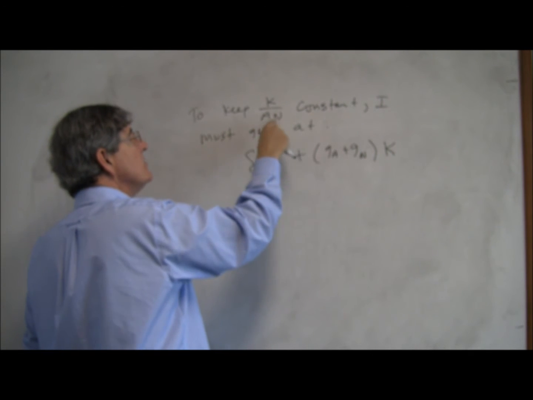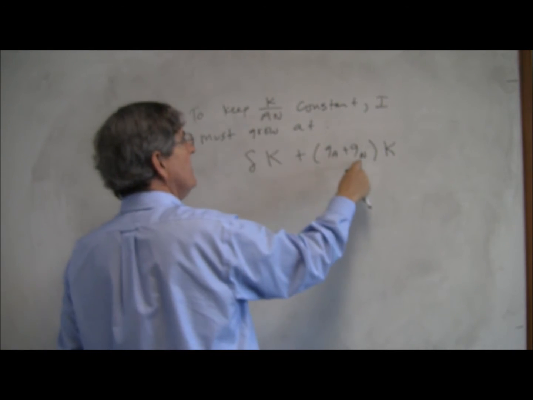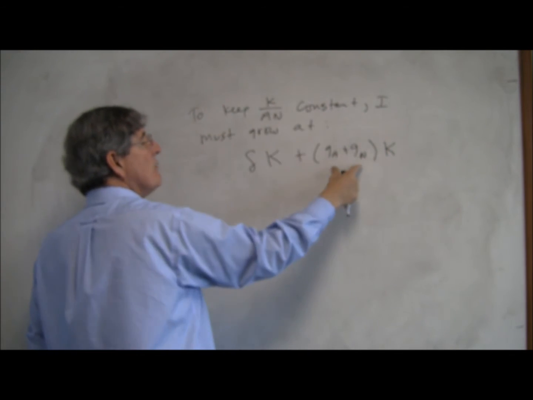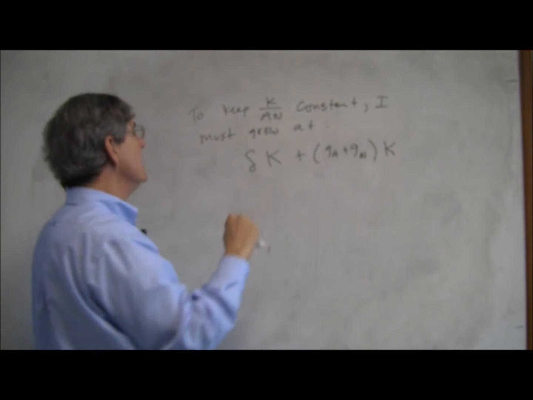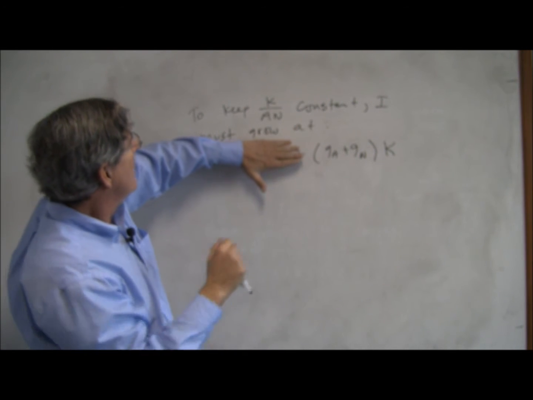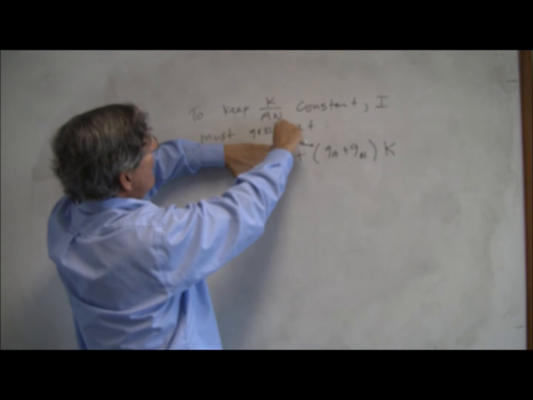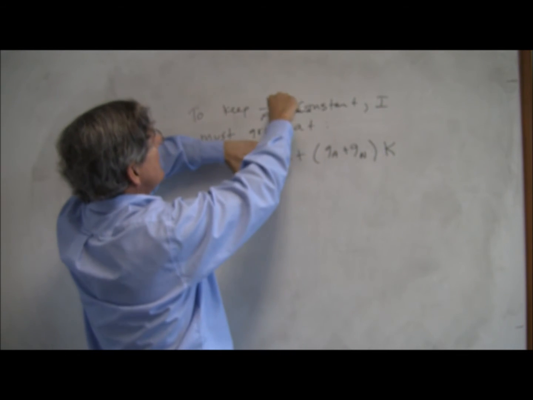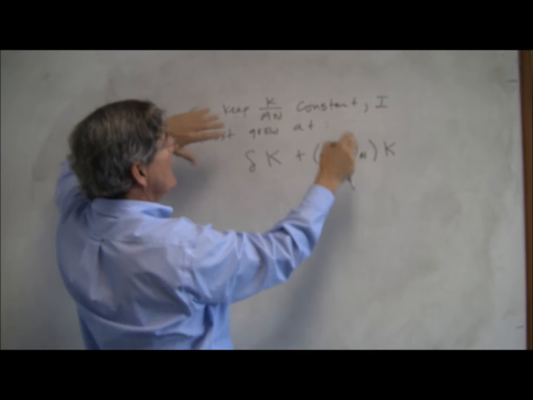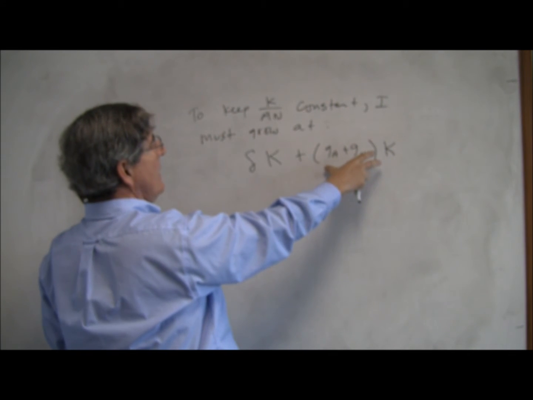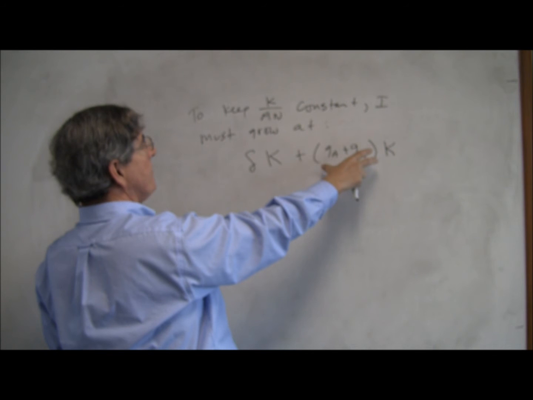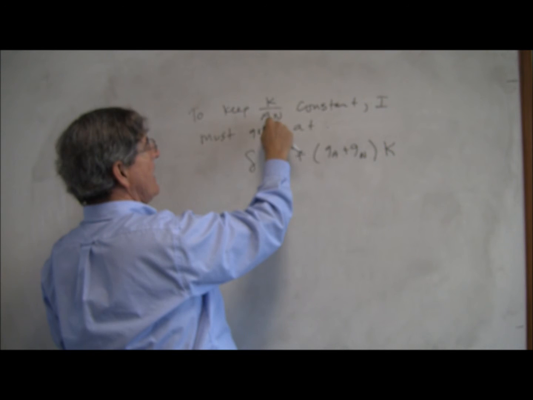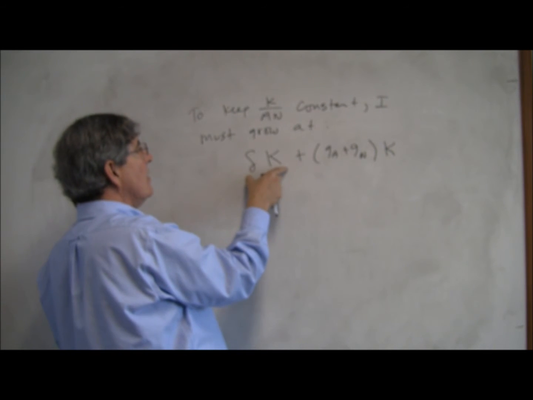Now, these two things are also growing by the rate G of A plus G of N. If these are growing, we need K to grow at the same rate, G of A plus G of N, to keep this constant. Say there's no depreciation at all. If K didn't change and AN doubled because they're growing, then this would fall. So you would need K to double. So K has to grow at the same rate as AN. So this is the amount K has to grow to overcome the growth of A and N, and this is the amount K has to grow for depreciation.